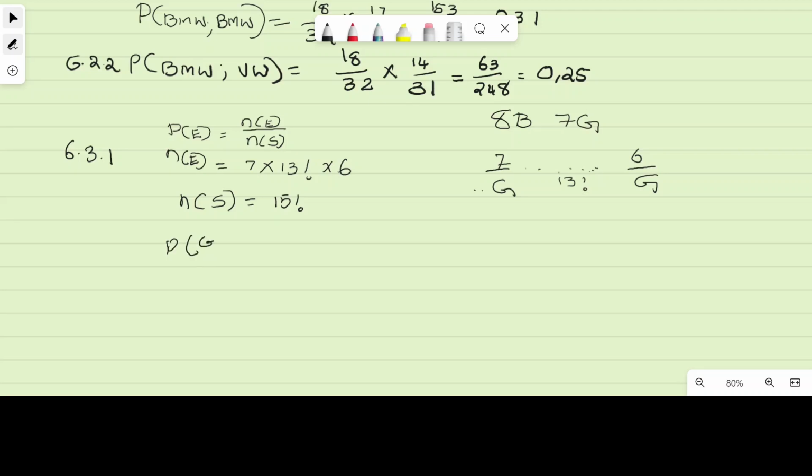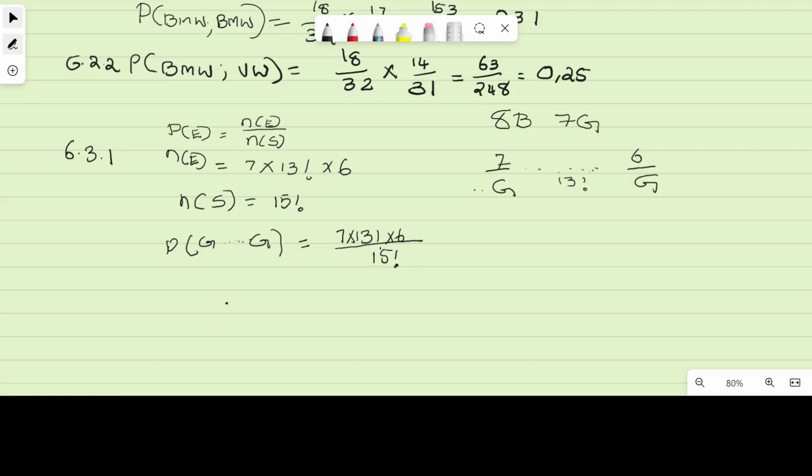What is the event here? Girl sitting at each end. This is our event. You don't really have to write all this. You can just say probability of the event equals number of outcomes of the event, which is 7 times 13 factorial times 6 divided by 15 factorial.